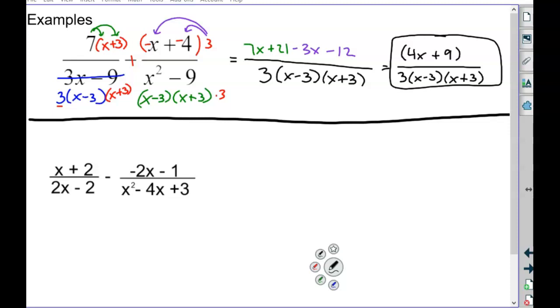We don't like subtraction. Kind of like we don't like division. Let's make it friendlier by changing this to adding the opposites. So everything in the opposite numerator, not the denominator, just the opposite numerator, changes signs. It's like distributing a negative 1 to everything up top. So now we want to factor the bottom.